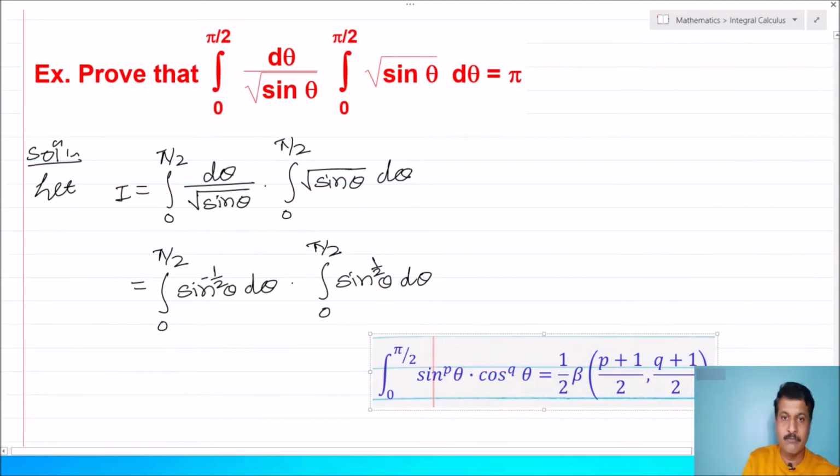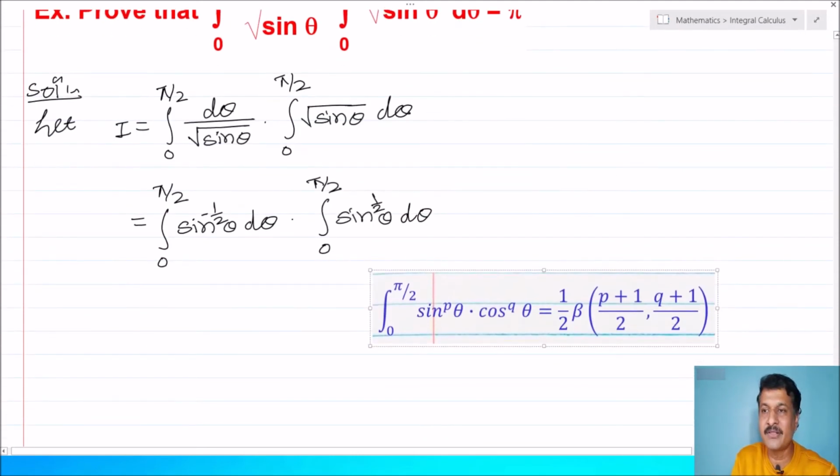As we know, the property of the beta function is integration 0 to pi by 2 sin theta raised to p cos theta raised to q d theta equals 1 by 2 beta of p plus 1 by 2, q plus 1 by 2. So for that I want the power of cos.